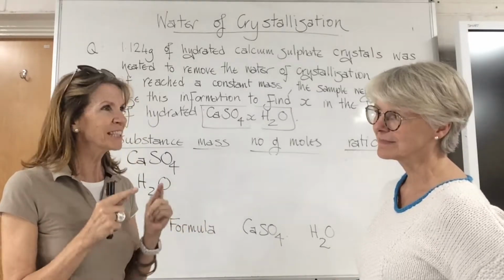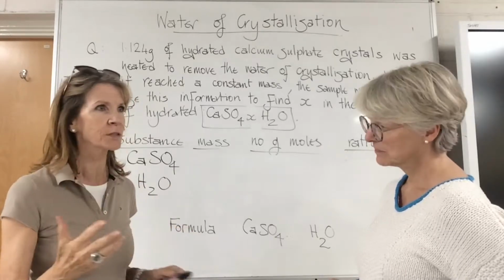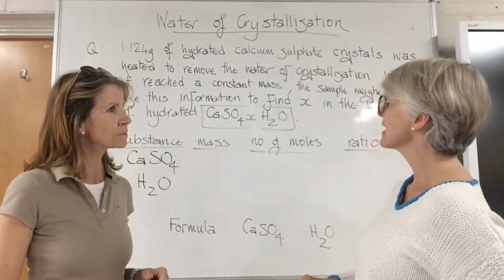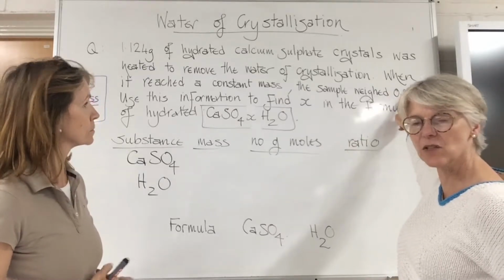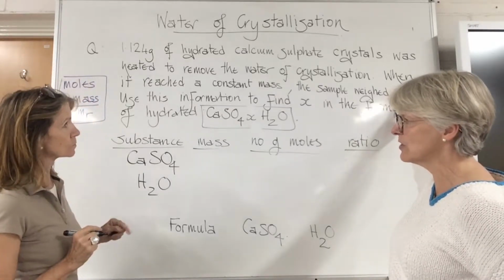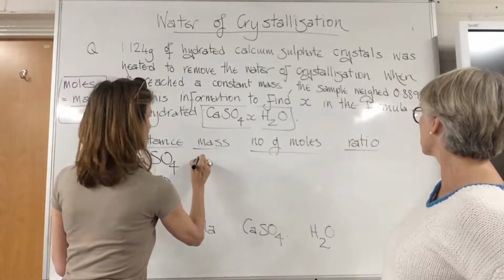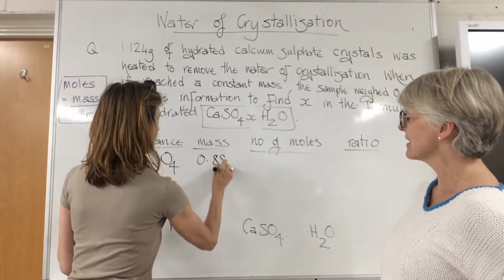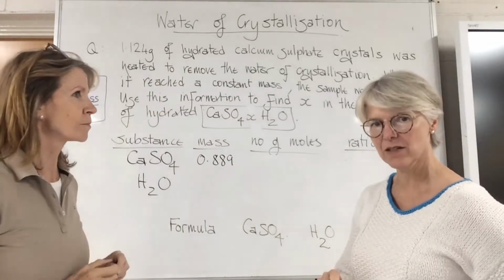So you have to heat it until the mass is constant, which means all the water of crystallization has been removed. They then give you the mass of the dry salt, and that is the mass you need to use for the calcium sulfate in your calculation. So I can put that one in now. That's 0.889. It's very, very important that you use the mass of dry salt.